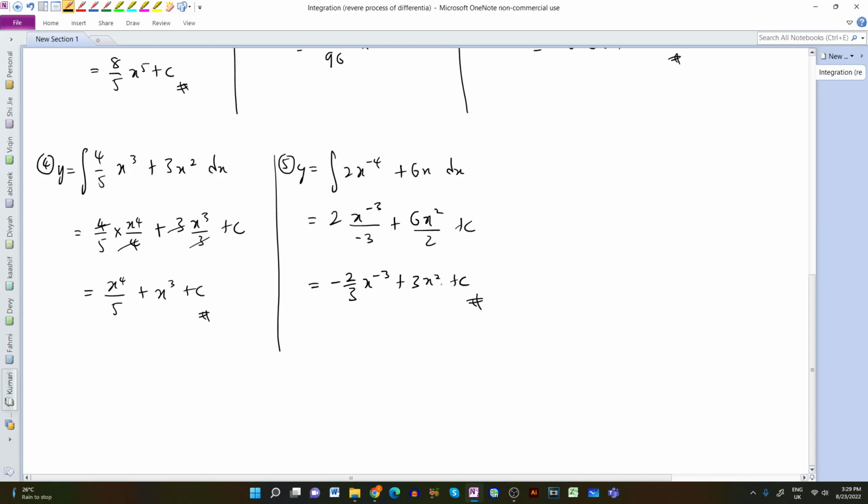Yeah, I got the answer. Okay, here first of all you need to expand this. Square root is power 1 over 2.